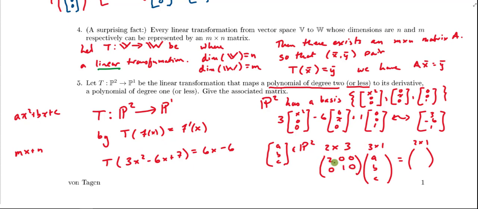And let's convince you of this. If I actually do this matrix multiplication, when I multiply this row by this column, I get 2a, and when I do this row by this column, I get the number 1b, or just b, and that's precisely what we do when we go to take the derivative.